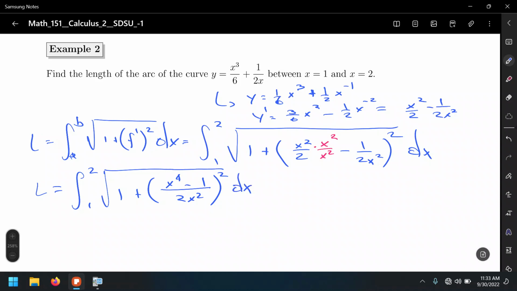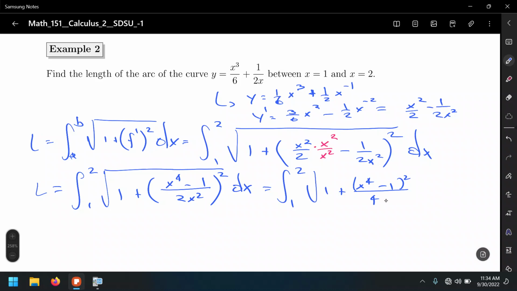So what do we have? We have a quotient. For that quotient, I'm going to distribute the power 2 right here so we can further simplify the whole radicand into a single rational expression. So this will be the integral from 1 to 2 of the square root of 1 plus x to the fourth minus 1, quantity squared, divided by 2x squared, quantity squared.